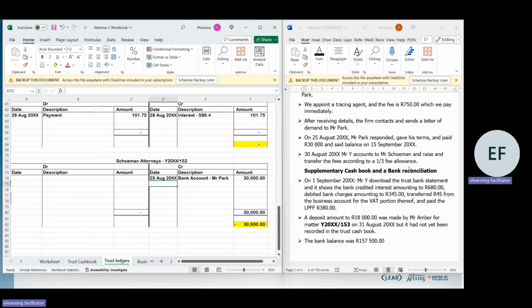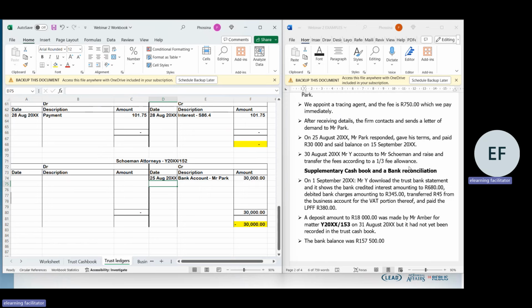Out of this fee that we are collecting, we are going to share it with Mr. Skuman. So a third of that, according to the third sharing rule, goes back.